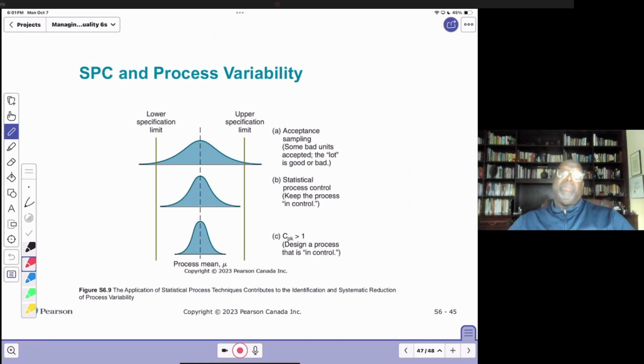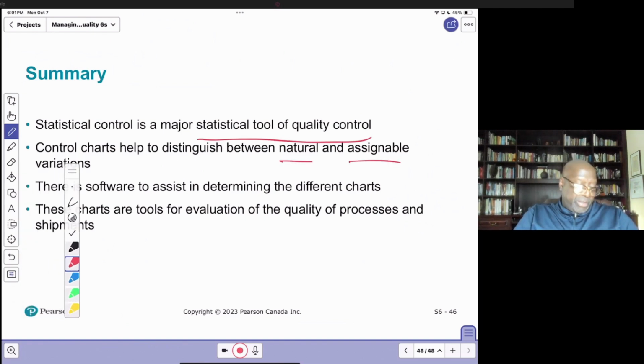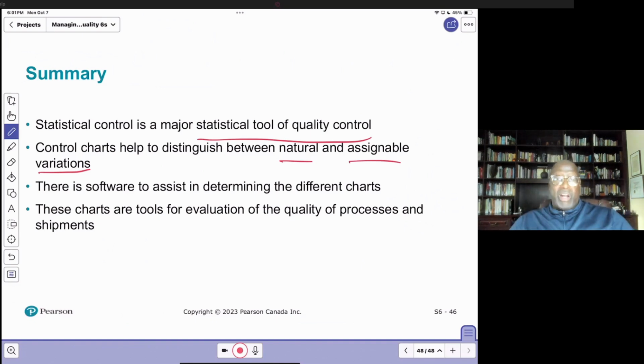Sometimes the mean is in control, but the variability is out of control. Statistical control is a major statistical tool of quality control. Control charts help to distinguish between natural and assignable causes of variation. There is software to assist in determining the different charts. Yes, definitely, there's software you could use to calculate P charts, S charts, X bar charts, R charts, C charts, and all of those things. There are lots of charts that we're not even touching on. And these charts are tools for evaluation of quality of processes and shipments.